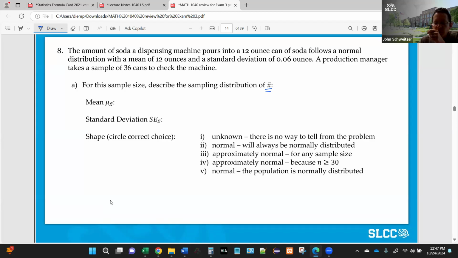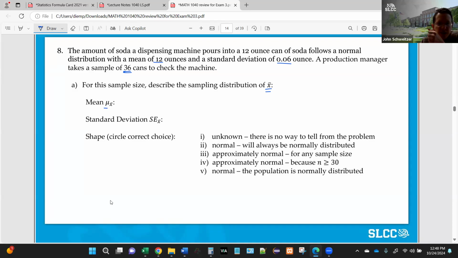We're getting a little low on time here. The amount of soda a dispensing machine pours into a 12-ounce can follows a normal distribution with mean 12 and standard deviation 0.06. In the spirit of quality control, we'll think about taking a sample. If we take a sample of 36 cans, then we're going to have an X bar from the sampling distribution of samples of size 36.